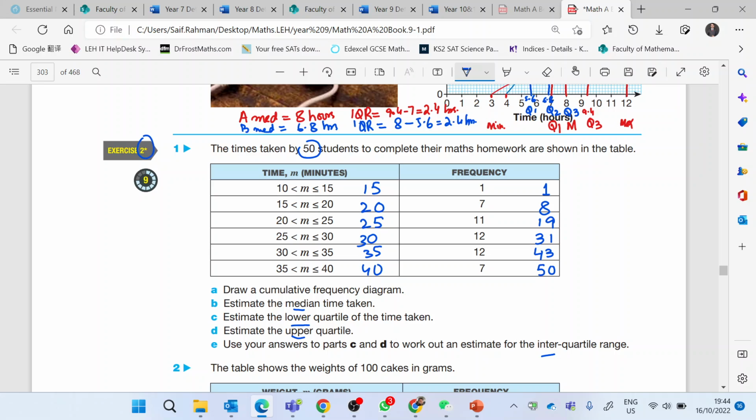So when the cumulative frequency was 1 the time was 15, when it was 8 it was 20, like this. So you have to draw a cumulative frequency graph.